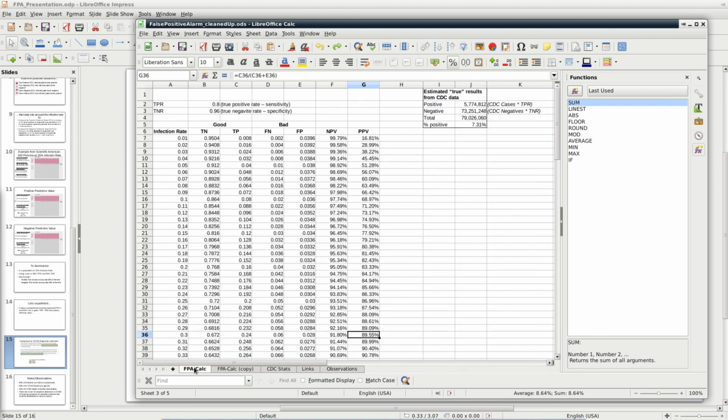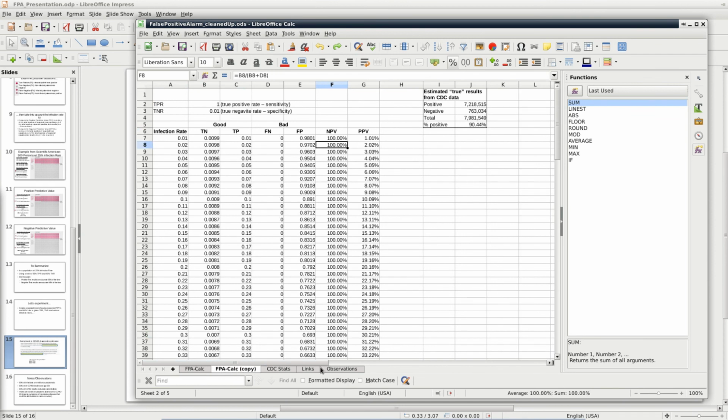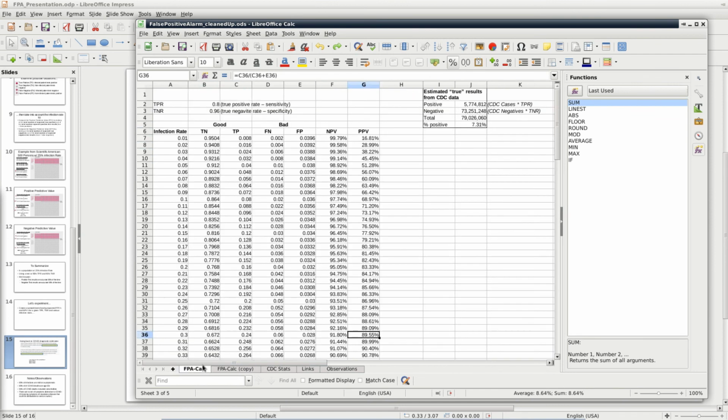Because if we plug that in there, 9%, that gives us a PPV of only 66%, two thirds, which seems incredibly low. That means that the overall case numbers are inflated by 30%.